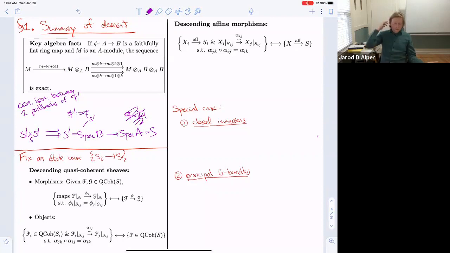And then moving on from this affine case, we can have a more global version of this, which is featured in this bottom half.